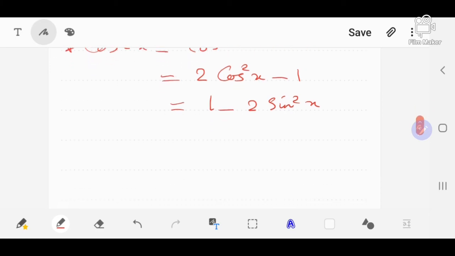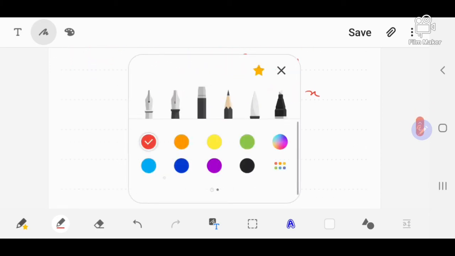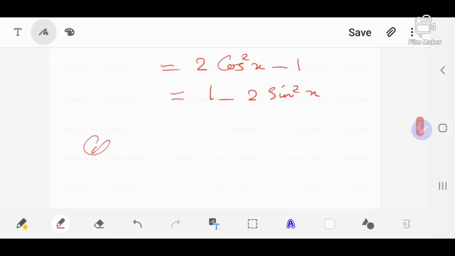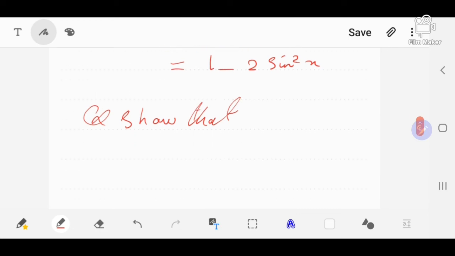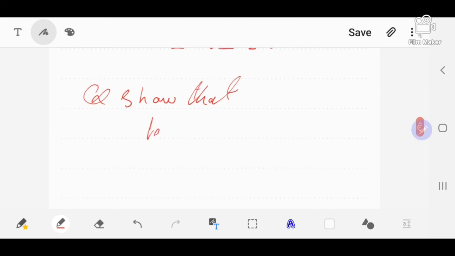And your question will be to show that tan 2x is equal to 2 tan x over 1 minus tan squared x.